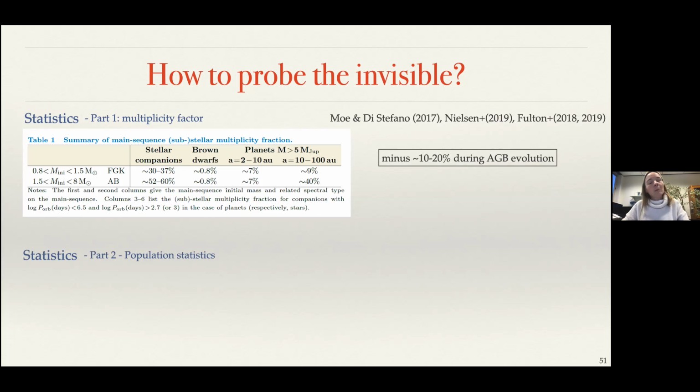The second part is then the following one. It comes back to population statistics, and it was a point that I realized quite late in the process. In all our observations, and it's not only us, when we're talking about AGB stars, we are selecting stars with a mass loss rate above 10⁻⁷ solar masses a year, since we need to build up signal to noise. And lower than that, it's very difficult to get observations.